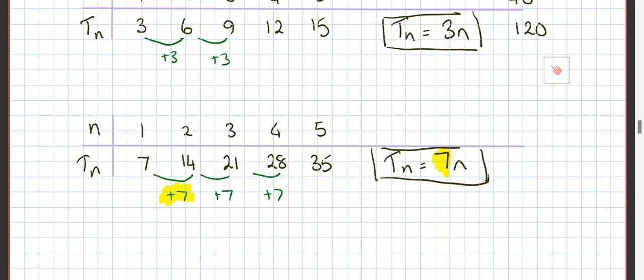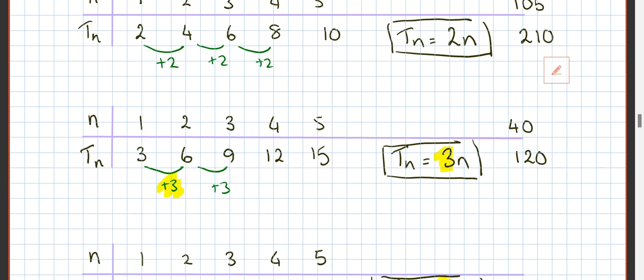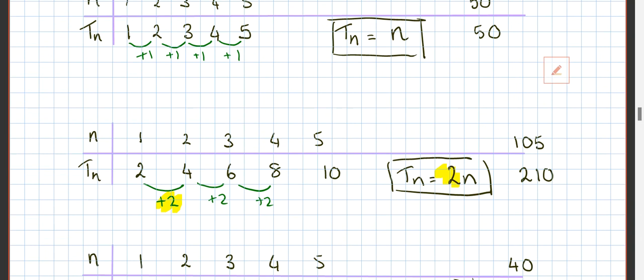Is that true for each one of them? We did it, didn't we? Plus 3, 3n. Plus 2, 2n. Plus 1, 1n. But we don't write 1, we just say n.